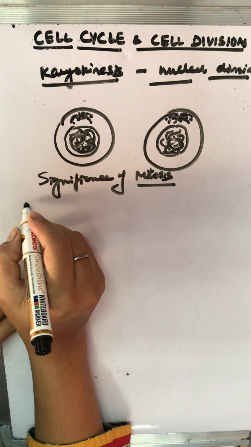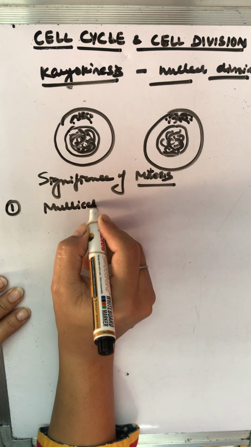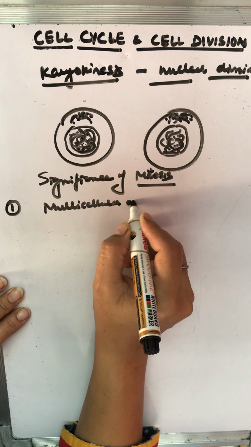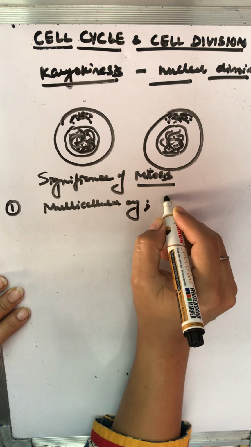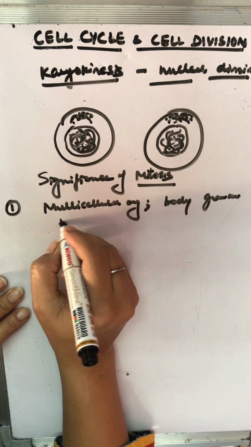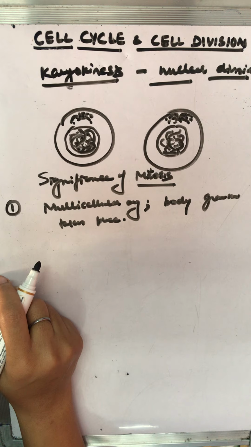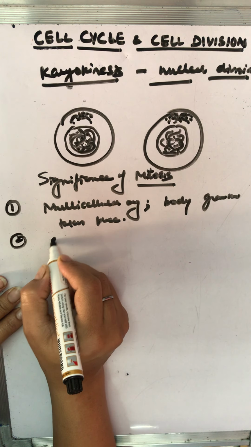First point, in multicellular organisms, body growth takes place by mitosis. Number 2, replacement.